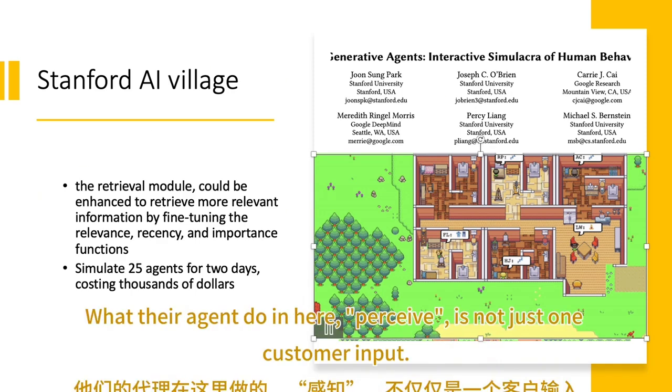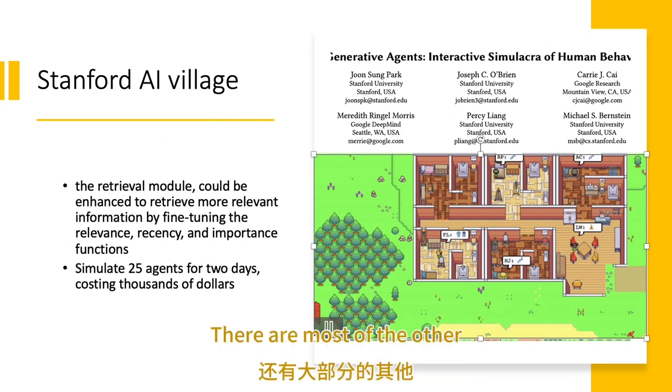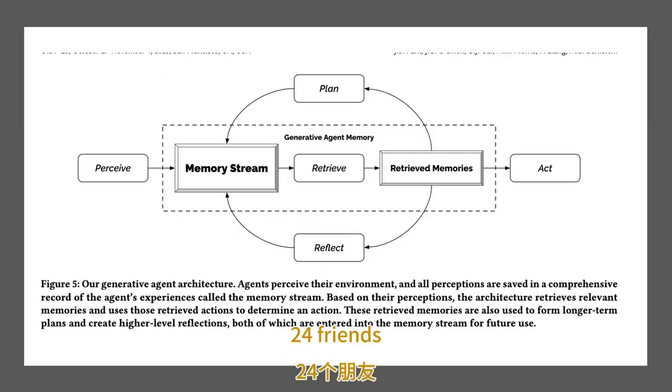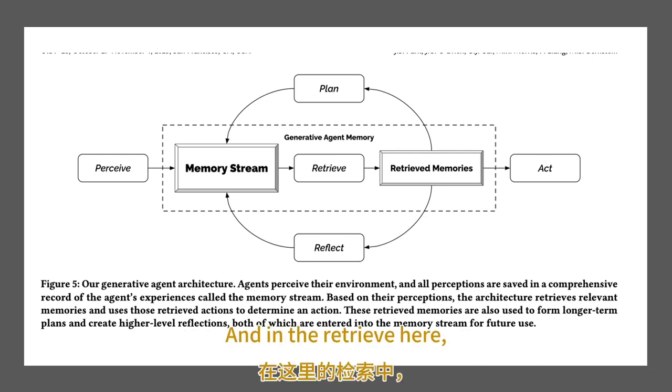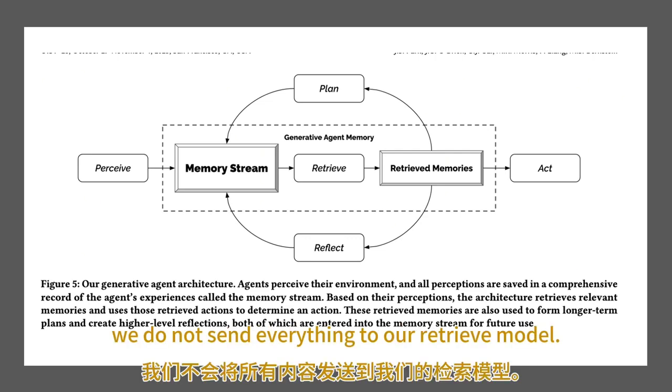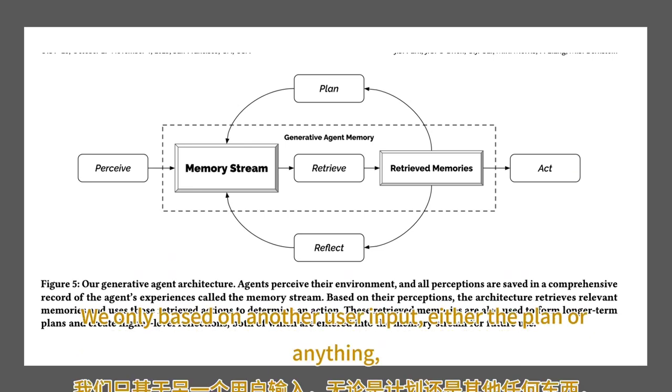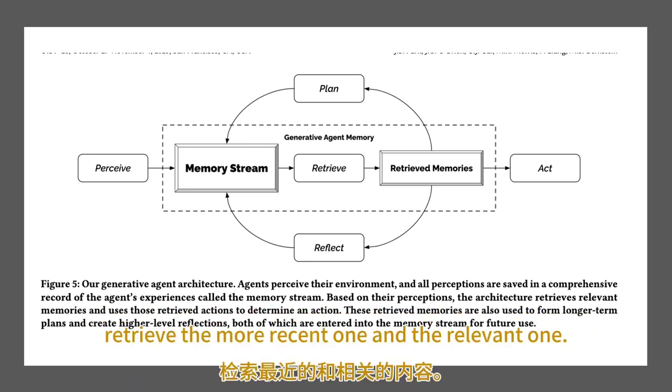What their agent perceives here is not just one customer input. There are also the other 24 friends, some friends, some strangers, the environment input, and everything goes into memory. And in the retrieval here, we do not send everything to the retrieval model. Based on another input, either the plan or anything, we retrieve the recent ones and the relevant ones.